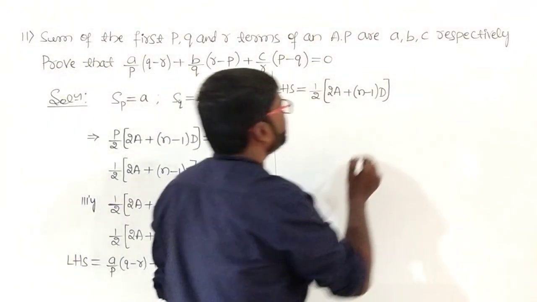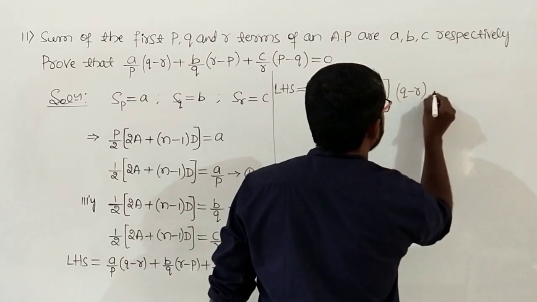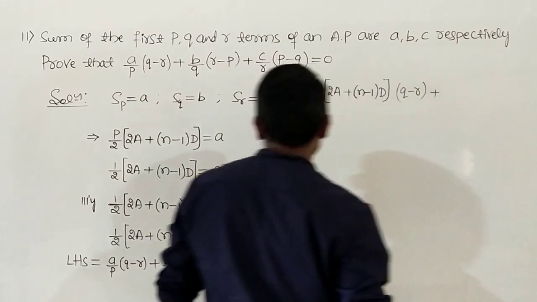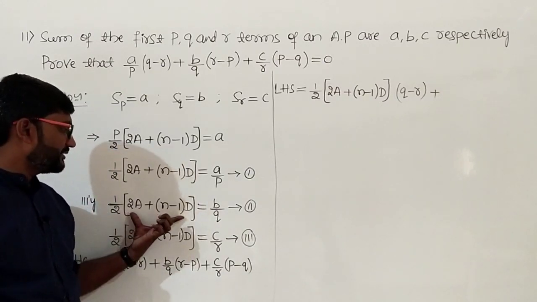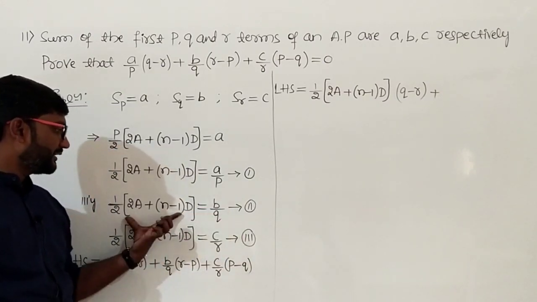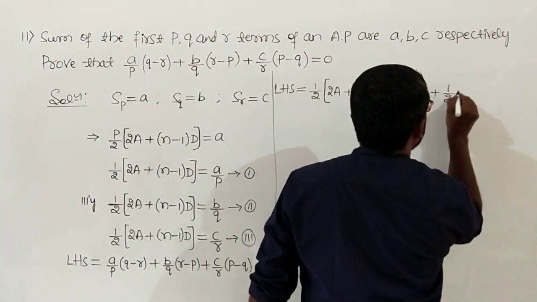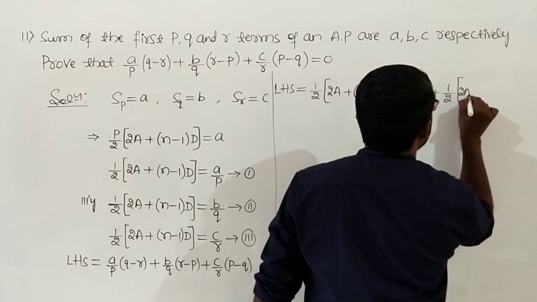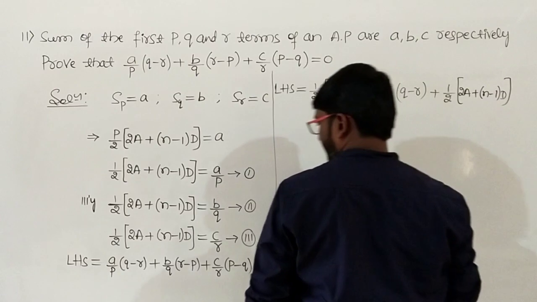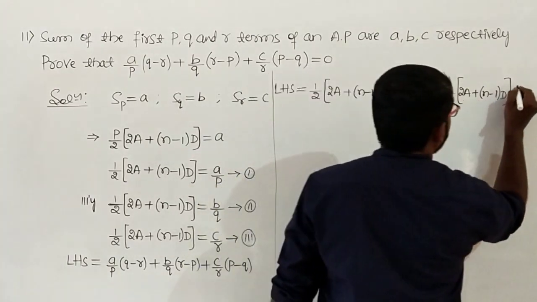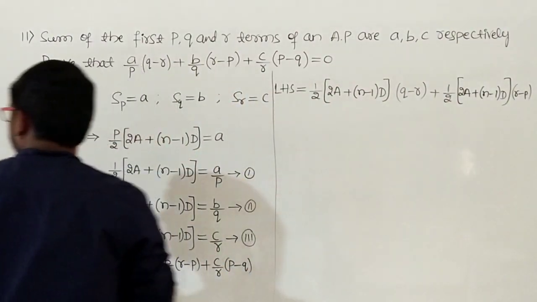Write it as it is now, q minus r, plus now again it is b by q. b by q is nothing but equation number 2. See here, b by q, I can write this as 1 by 2 into the bracket 2A plus q minus 1 into D, into r minus p.